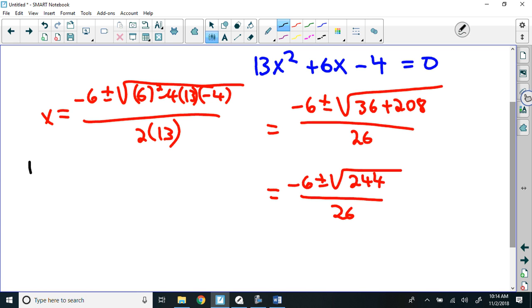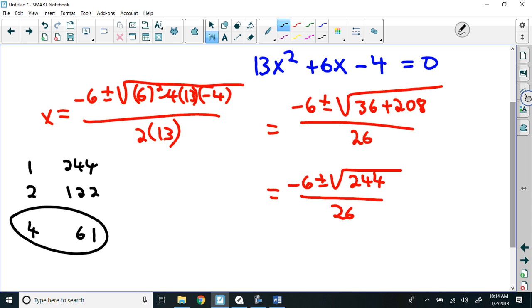It's divisible by 4, isn't it? 1 and 244, 2 and 122, 4 and 61, right? 4 is a perfect square. So this is going to be negative 6 plus or minus, what's the square root of 4? 2. So plus or minus 2 rad 61, and then this is all over 26.